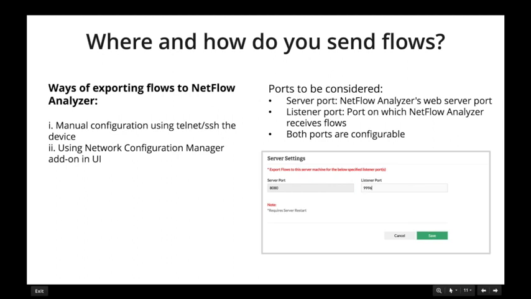By default, the server port is set to 8080 and the listener port is set to 9996. Both ports can be configured if these ports are occupied. Once you note down the ports, for manual configuration, you need to provide the commands for your particular device and start exporting flows. The second method is using the Network Configuration Manager add-on.